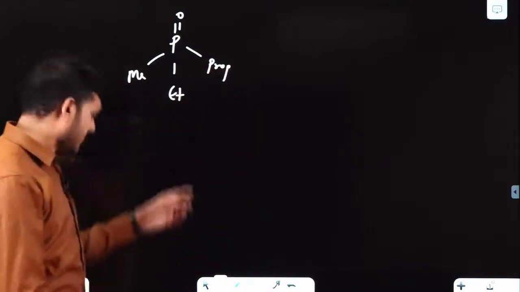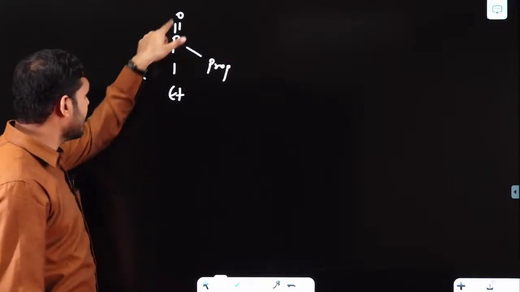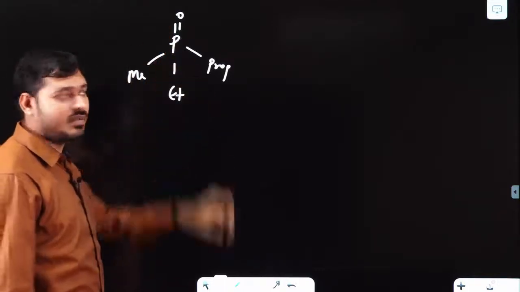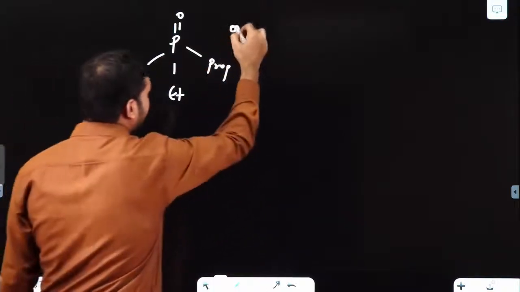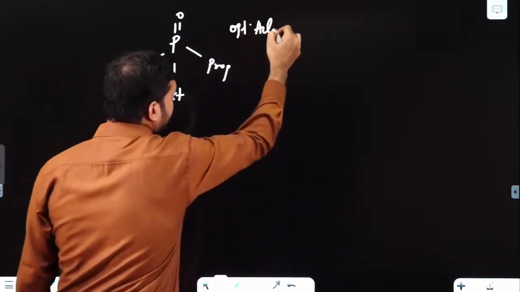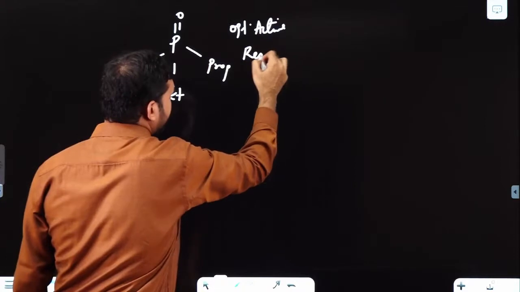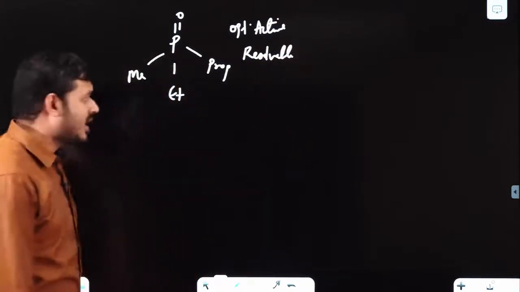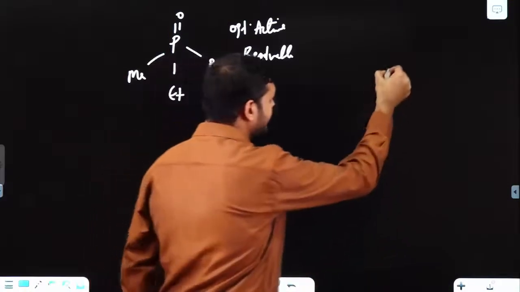Now see this one. See, this is having phosphorus with double bond oxygen, propyl, ethyl, methyl. So this is also a chiral center. This will be optically active, and hence you can say resolvable. Okay.